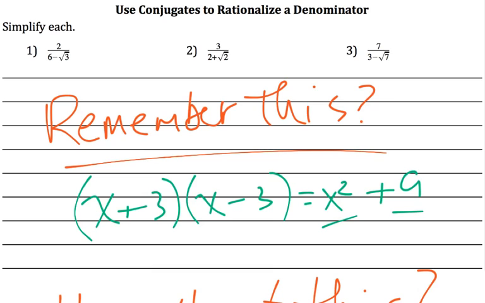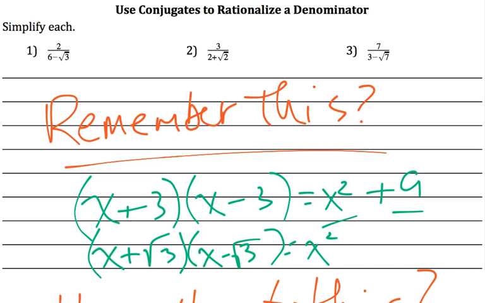Maybe if instead it was x plus the square root of 3 times x minus the square root of 3, I would get x squared. These middle terms would drop out as I FOIL this, and I'd have the square of these two guys, which would just be 3. Maybe remember that. That's kind of cool.